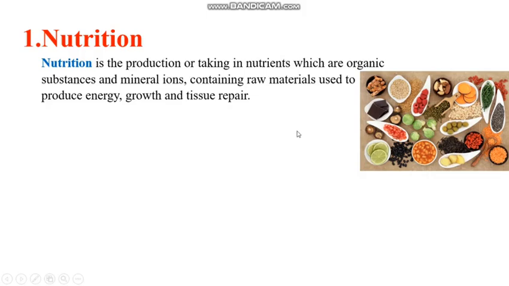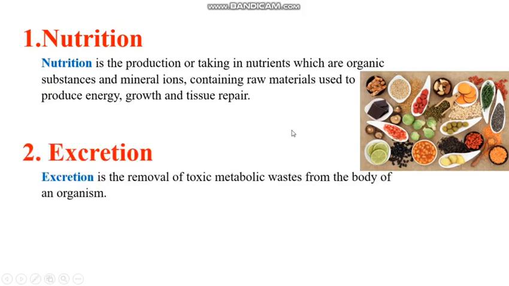Of cells. Apart from nutrition, we also have excretion. Excretion is the removal of toxic metabolic wastes from the body of organisms. Normally it is the kidney that carries out some of these processes.